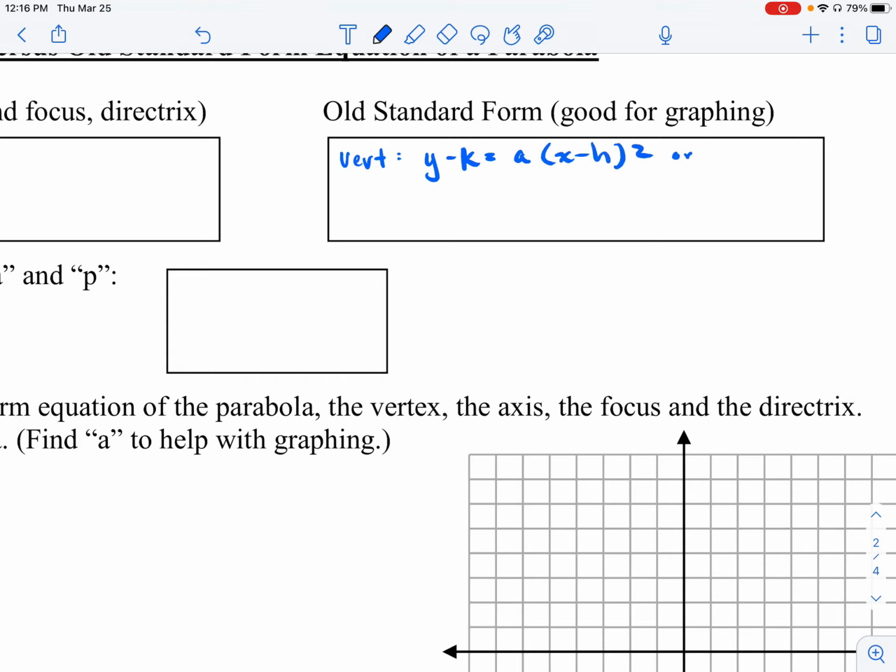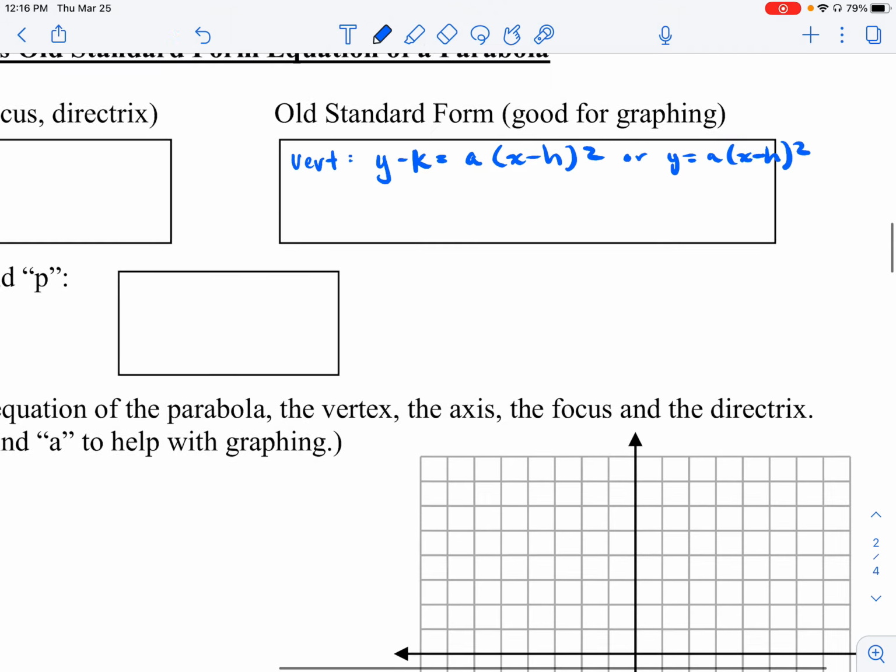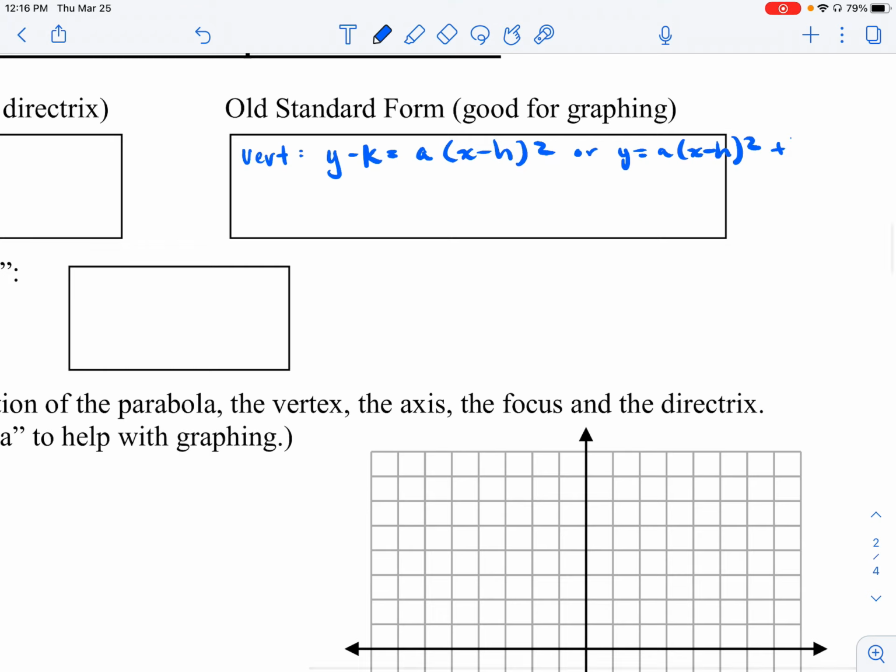Or you might have seen this as y is equal to a times x minus h squared plus k. We're just moving that value of k over to the other side. We've seen it either one of those ways. When it was a horizontal parabola, we said x minus h is equal to a times y minus k squared.